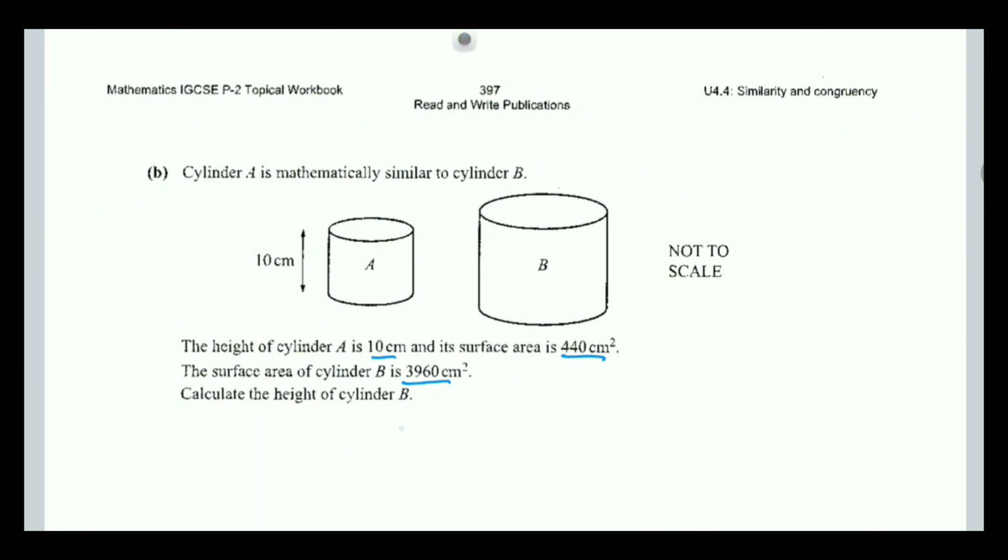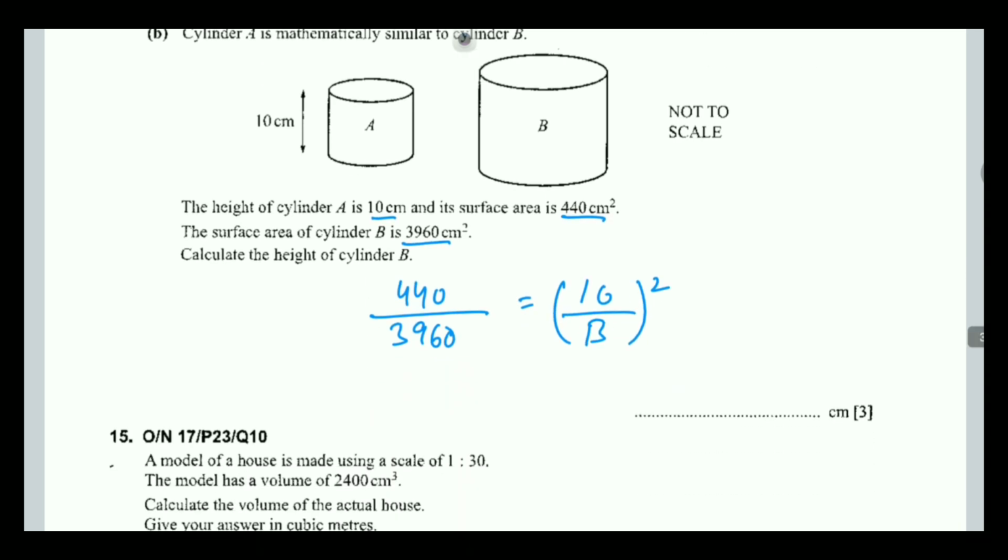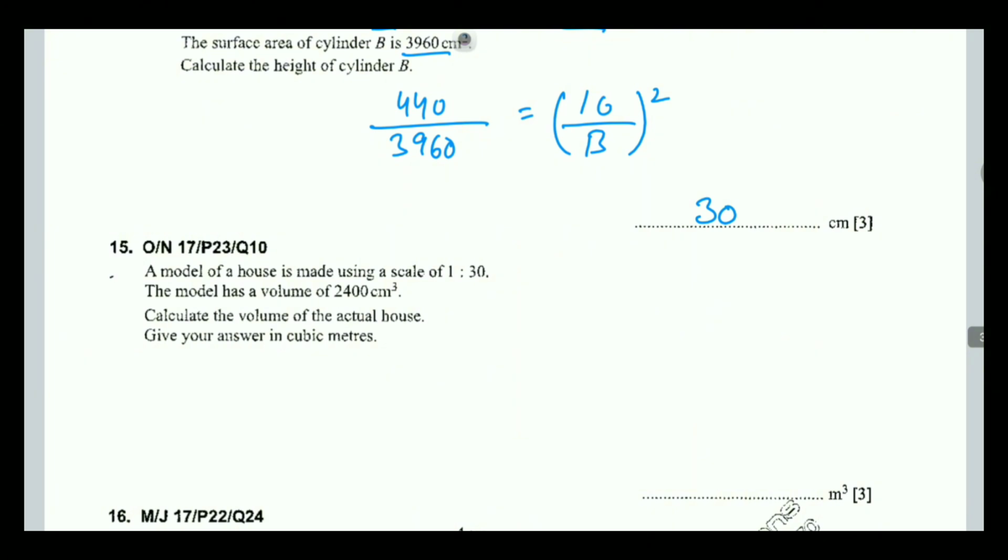So area of first cylinder, area of second, height of first, height of second, we have to find whole square. So again, make B the subject by taking square root on both sides, and you will put it in calculator and you will get your final answer, that is 30 centimeter cube.